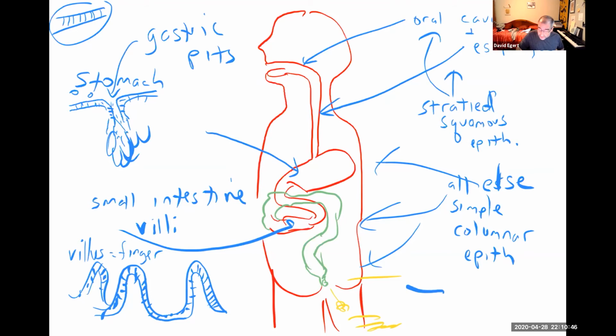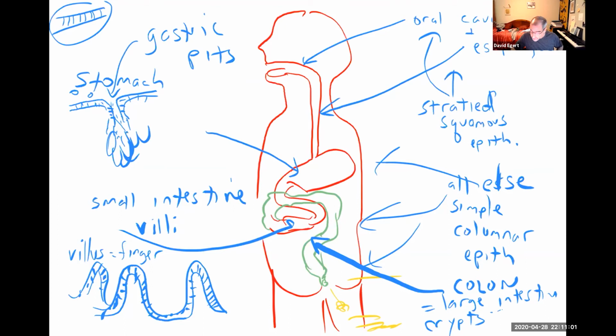When we get to the colon or the large intestine, we have what are called crypts, which are kind of like a little gopher hole. Similar to the gastric pits, but not quite.